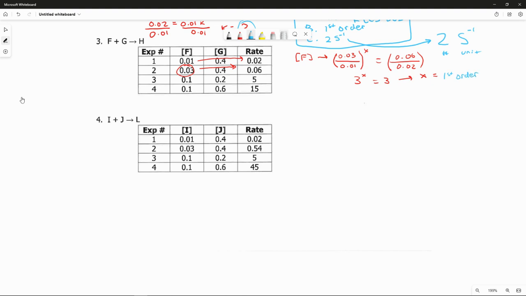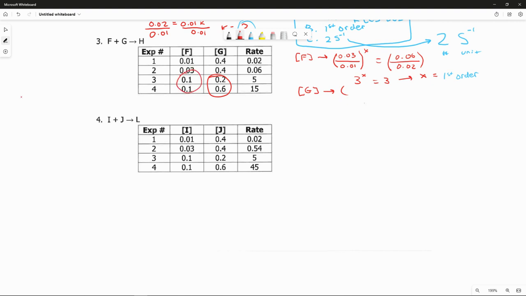All right. For the G part, same process. G concentration. And we want to look at now the data points where G changes, but F remains constant. We talked about this in the beginning of the problem. This one has G changing, but F stays constant.